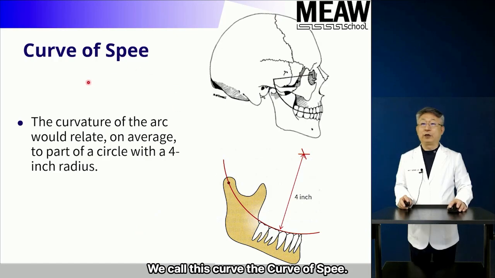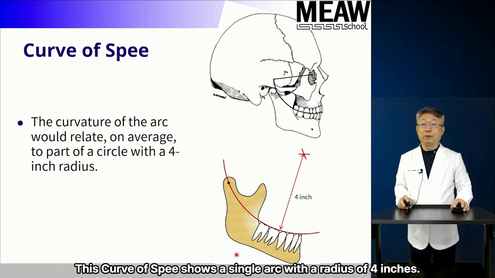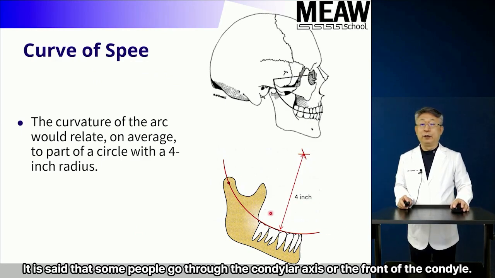We call this curve the curve of Spee. This curve of Spee shows a single arc with a radius of 4 inches. It is said that some people go through the condylar axis or the front of the condyle.